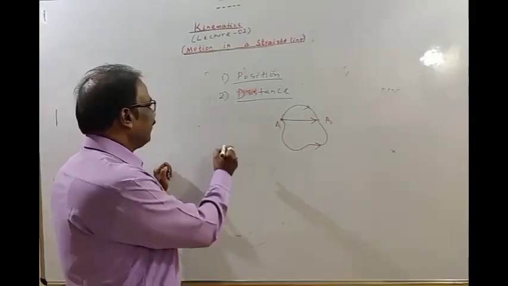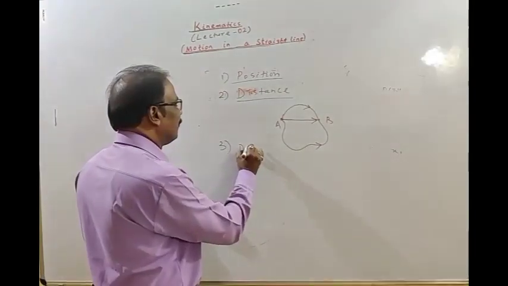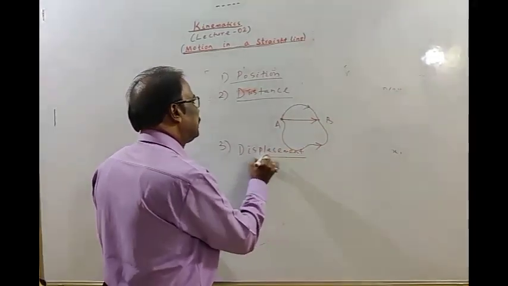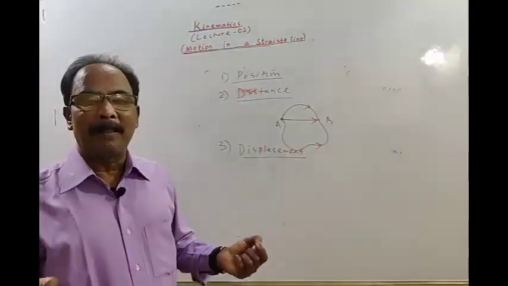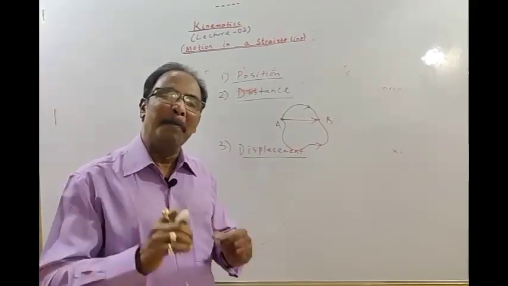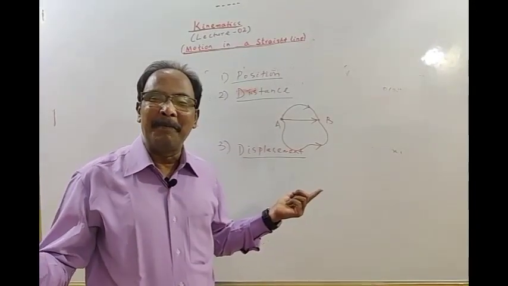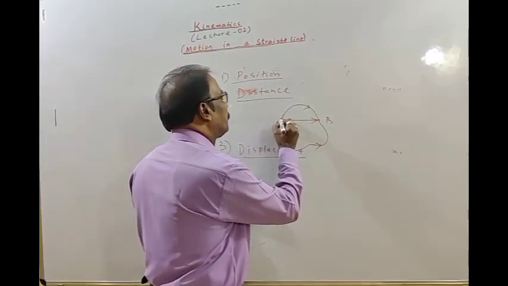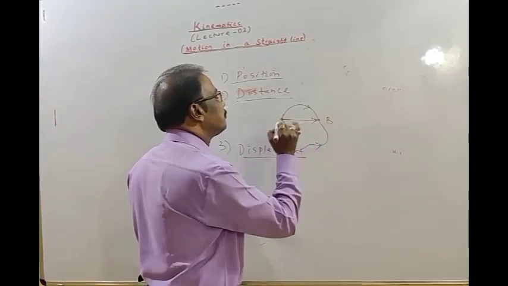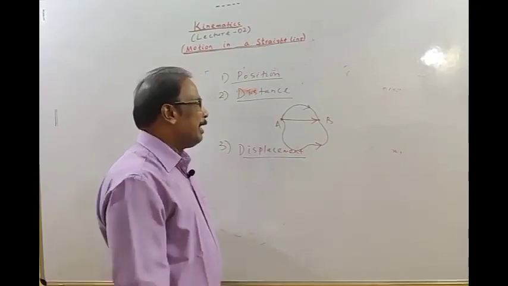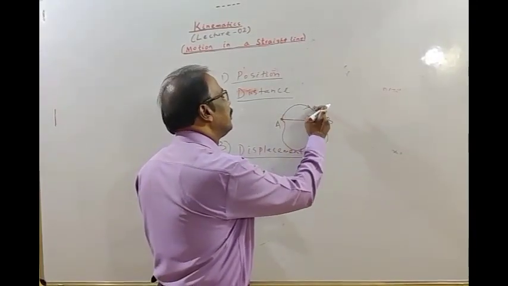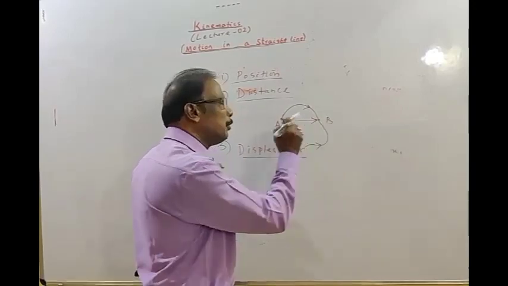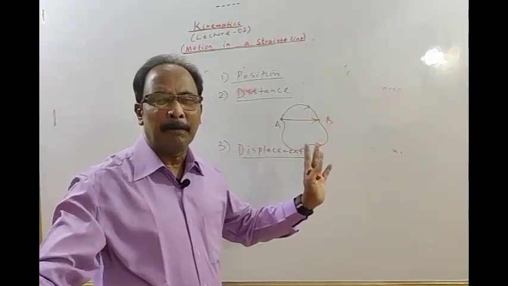Then the third parameter, displacement. Displacement is the shortest path from initial to final position. This is initial point A, this is final point B. A body may move along this semicircular path or along a curved path, whatever the path followed by the body.